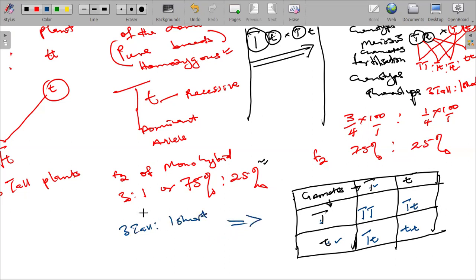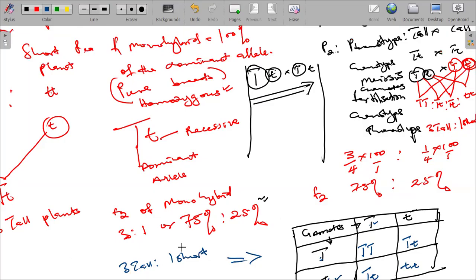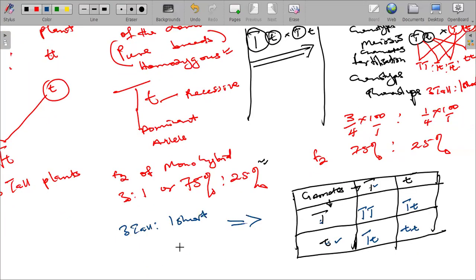It brings us back to the same calculation I have shown on the board. This is a Punnett square. You use it after you have reached the point of gametes. That is one thing you should know.